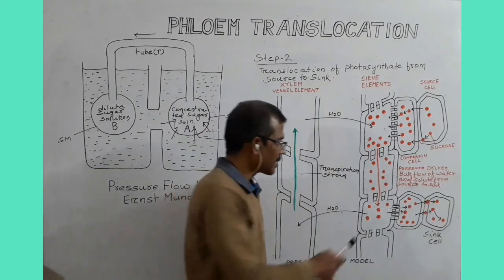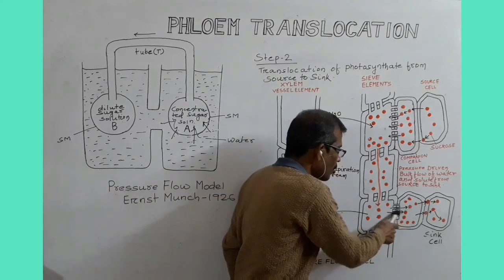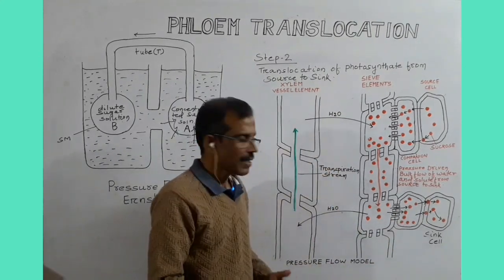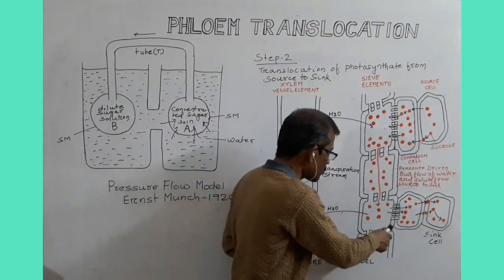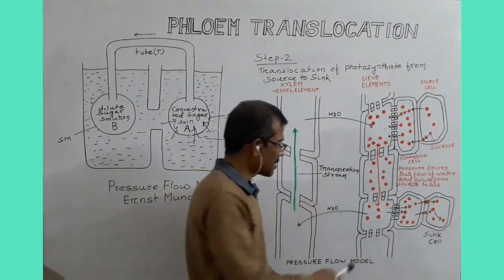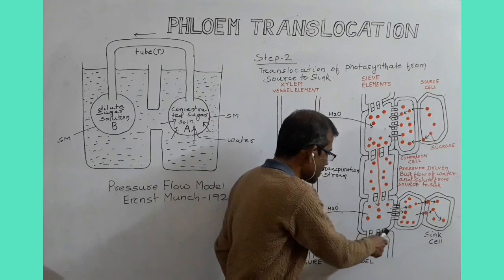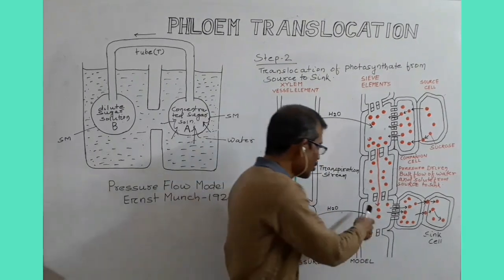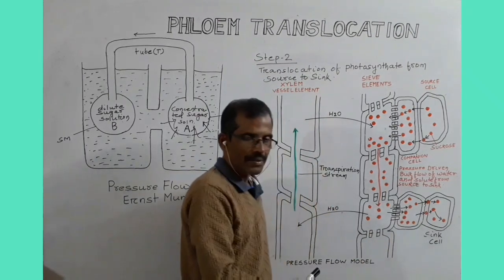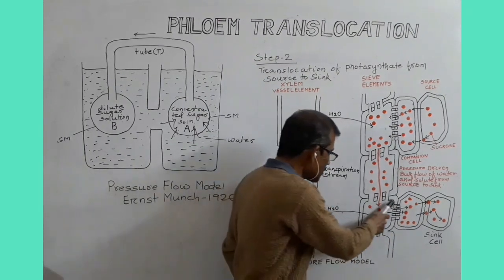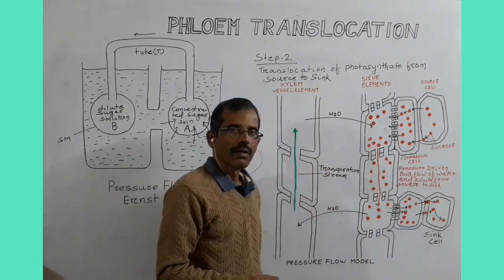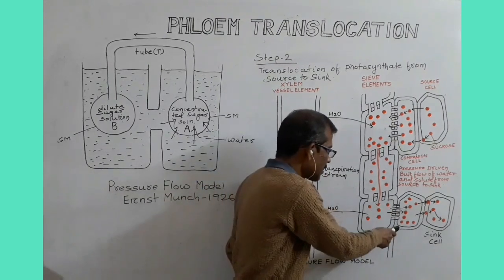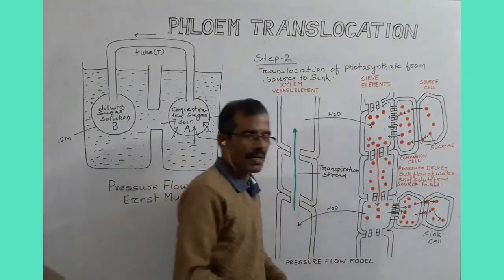Whereas at the sink, phloem unloading takes place. As a result, the concentration of sucrose decreases in the sieve tube element at the sink end. As a result, the solute potential increases. So, the water potential also increases.